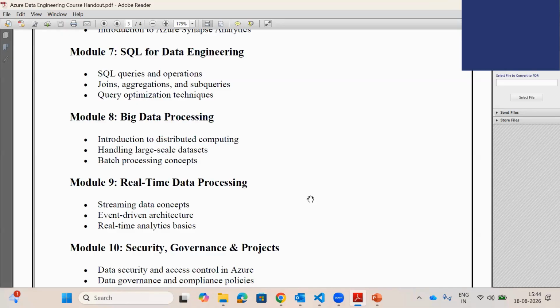PySpark we will cover, and I will touch on Databricks as well, a little bit.